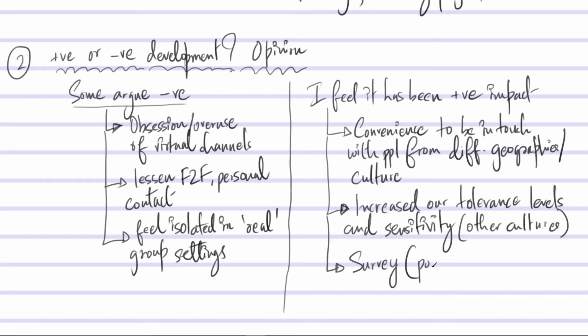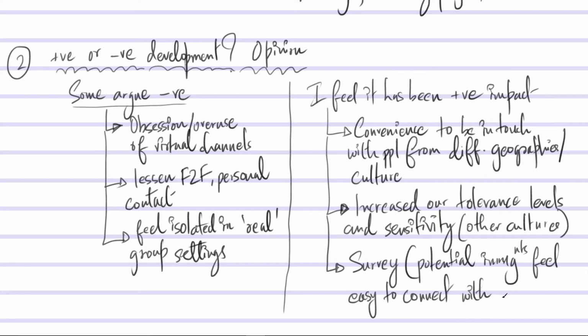So let's say survey results of potential immigrants: they feel it easy to connect with natives.